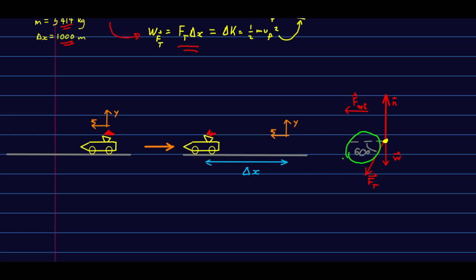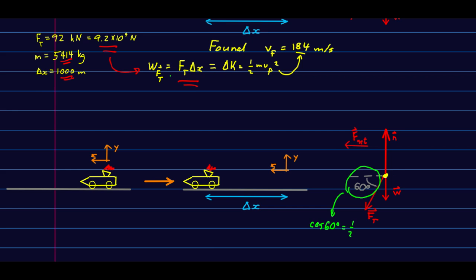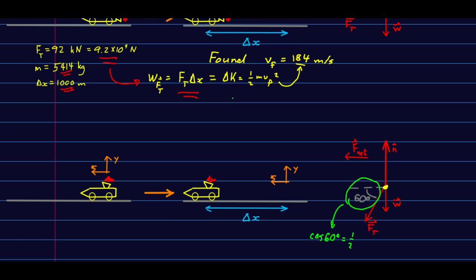Now, you may or may not know it, but the cos of 60 degrees is a half. And so what that tells us is that the horizontal component of this thrust is half of the magnitude of the thrust. And so what we're looking for is a factor of 2 somewhere. And maybe you think that what's going to happen is that the final speed is going to be a half of what we came up with here.